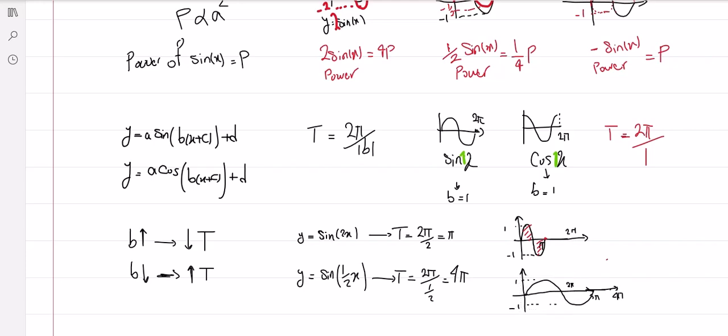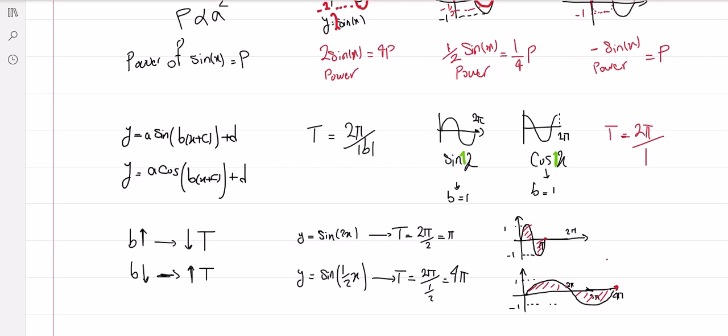So if I stretch it like this, it's gonna be completed like that. So this function now is looking like this. I'm gonna shade it so we can better see the sine of x. And as you see in here, it completes its full cycle at 4 pi, and this one completed its full cycle at pi.